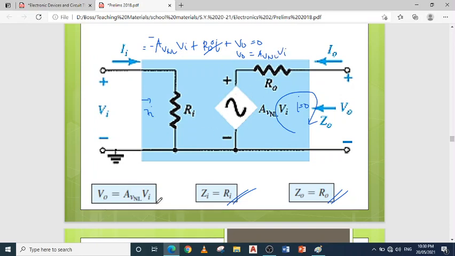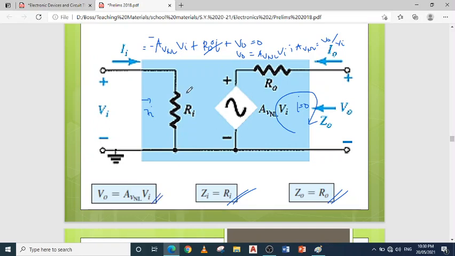And if we rewrite this, AVNL is just equal to VO over VI. That is without RL for now.